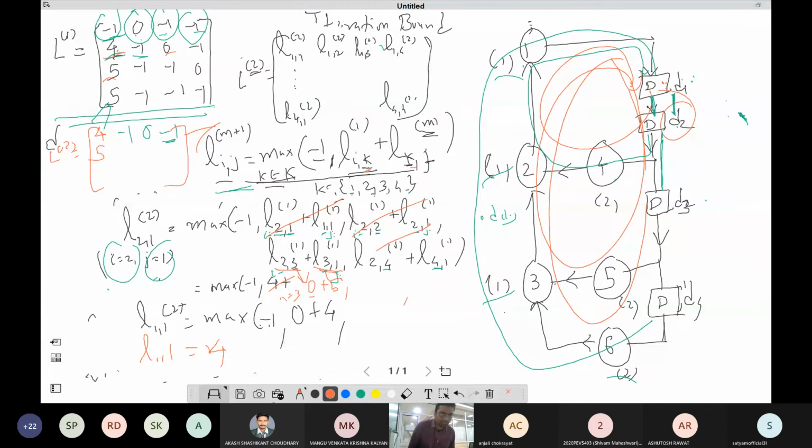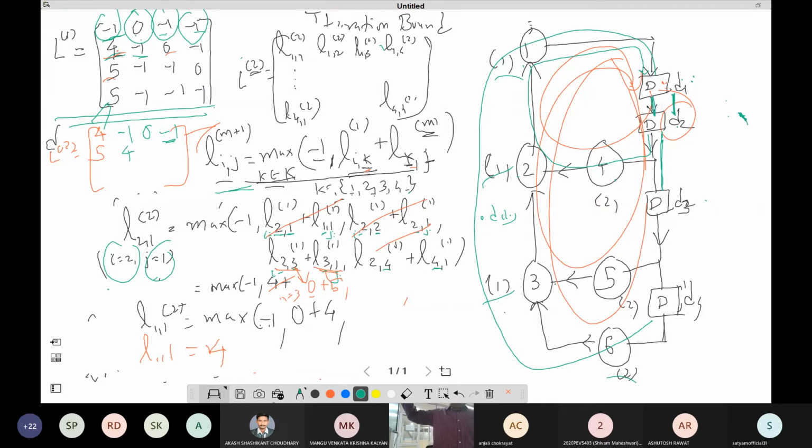Now I request you to complete this remaining part. So still you have to find out the total 11 elements. L22, if somebody has found, then let me know. Okay, it's 4. Very good. So let me just write down the remaining elements.